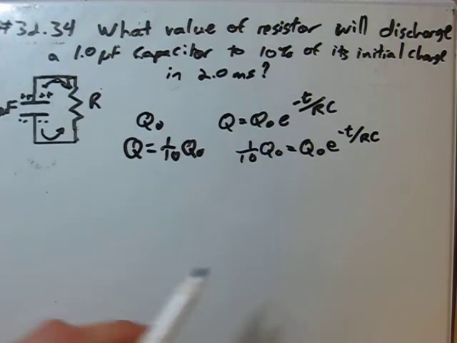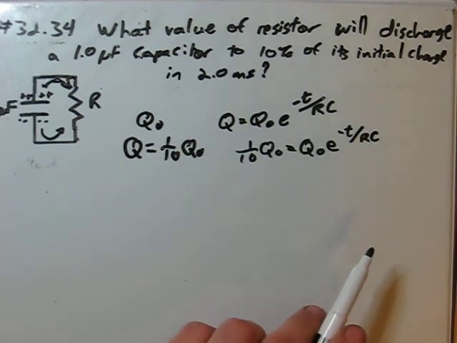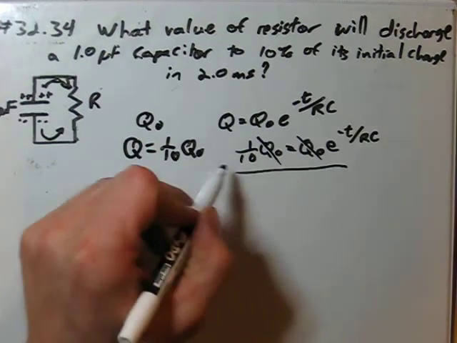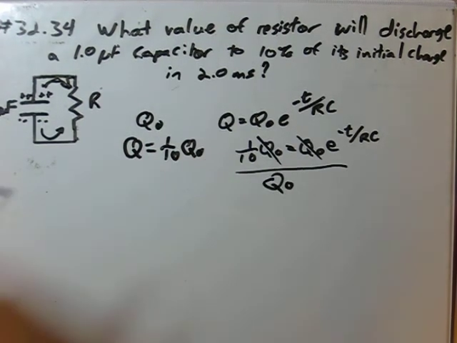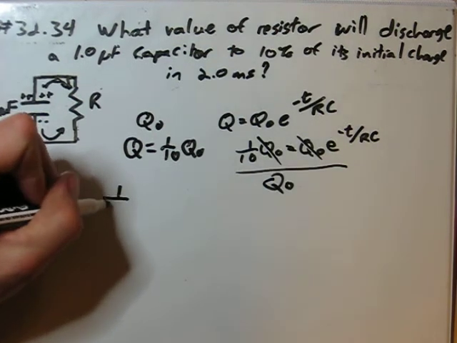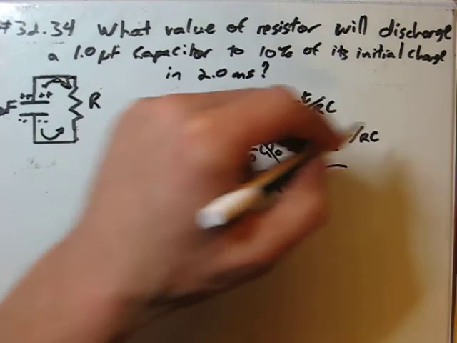Well, obviously we can see right here that if we have the same unknown on both sides of the equation, we're actually going to divide out, if we just divide both sides by Q naught. And so you end up wanting to understand this E part of the equation here.